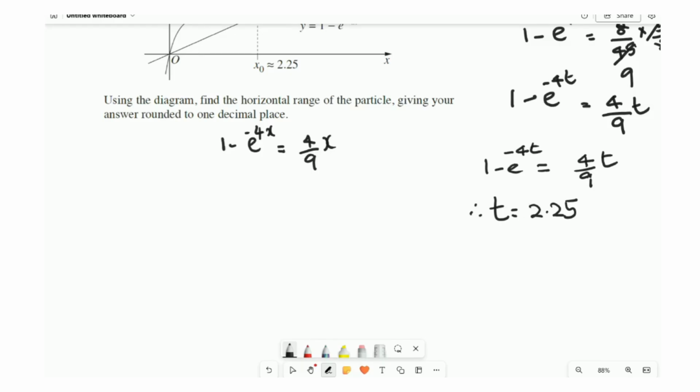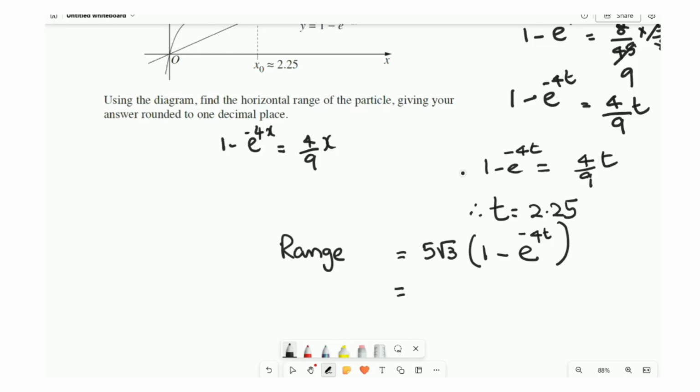We know that the displacement vector is 5 square root of 3, 1 minus e to the power minus 4t. So this is the range.